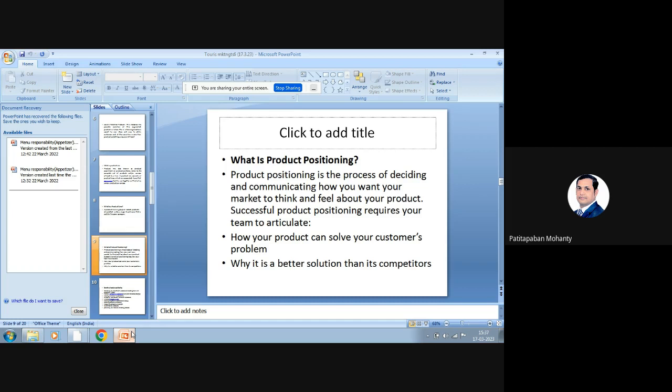Positioning is a kind of managerial process where the marketers or the researchers put some extra thing in that product so that the consumer is compelled to think and feel about that product. So that it can create uniqueness in that product, so that the competitors will think some uniqueness is available in that product.